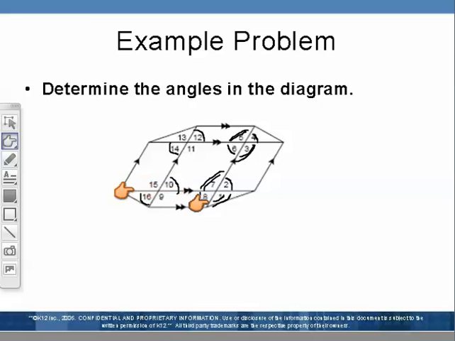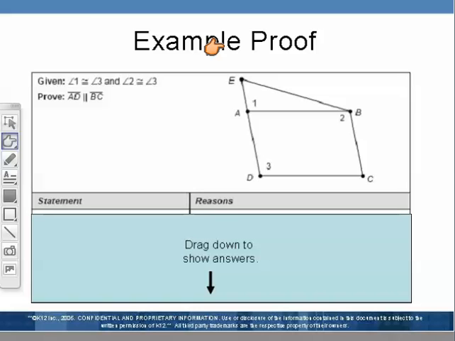If we didn't know the lines were parallel, but we knew that angle 1 and angle 15 were congruent to each other, we could say that these two lines were parallel based upon the alternate exterior angle theorem. That's what we're trying to get to, is that we can prove the lines are parallel, or that we can get to the point the angles are congruent.